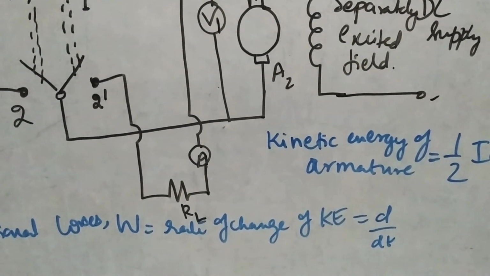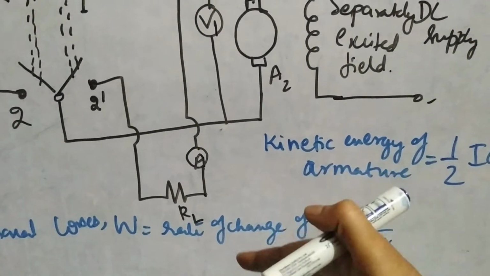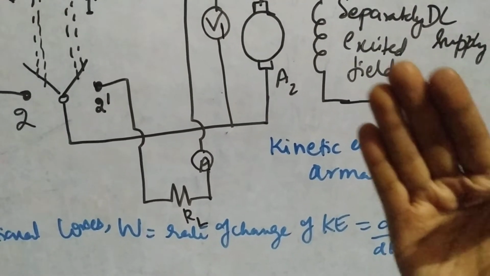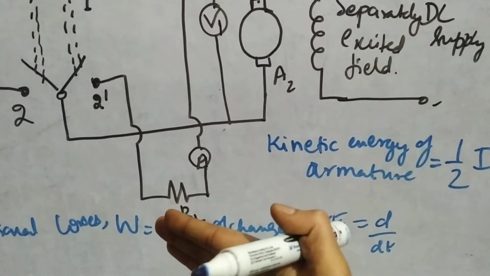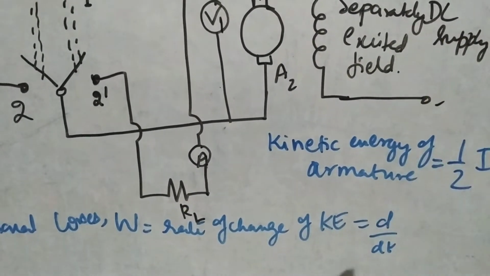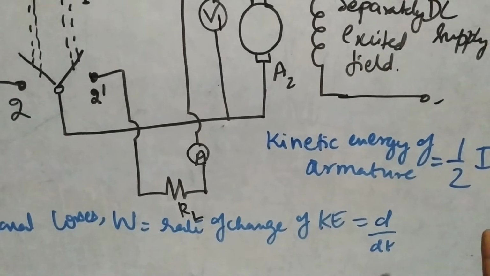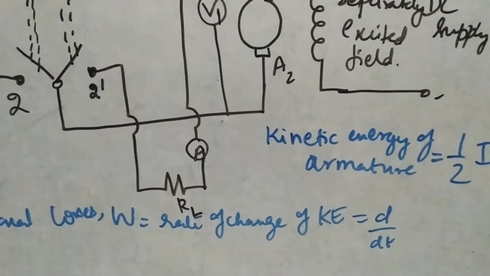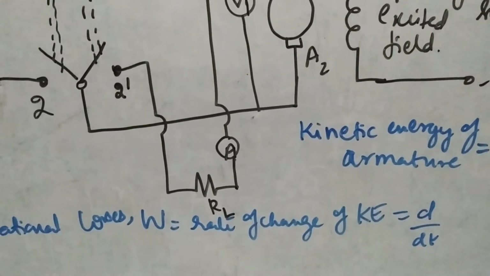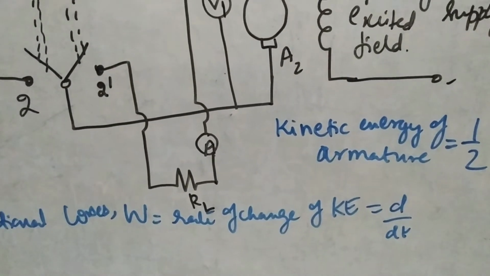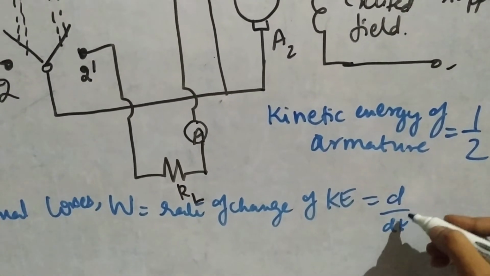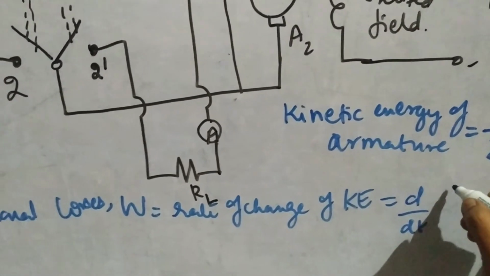When it was running at rated speed and we cut off the supply voltage, you are still obtaining some loss from this motor, so some duration will be taken to slow down the motor. So we are going to differentiate this with respect to the time t.